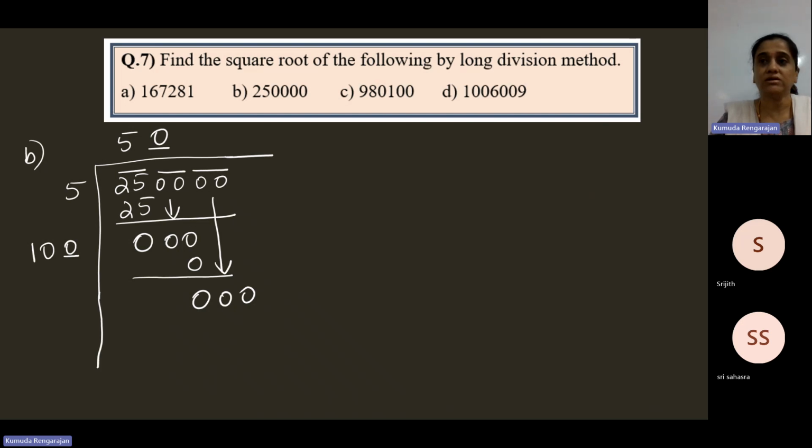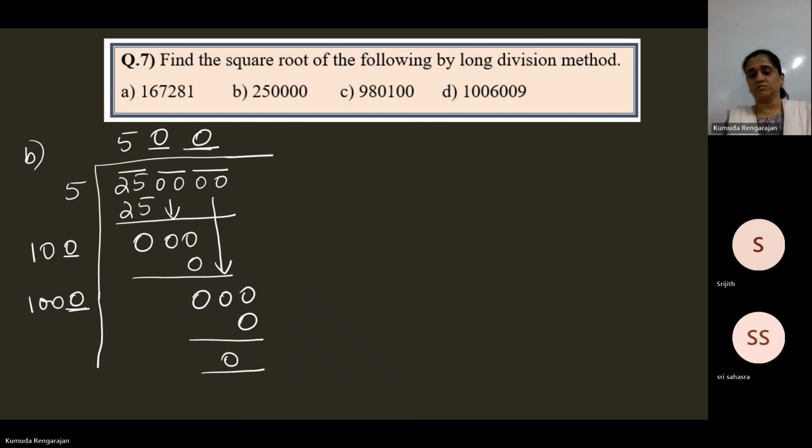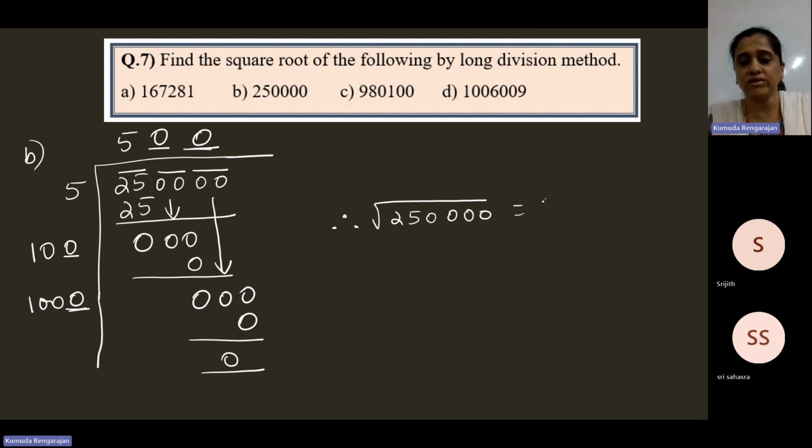Double the quotient, it is 100. Whatever digit you place here, place the same digit here. So it's 0 again. 1,000 into 0 is 0. And now the remainder is 0. So you see that the square root of 2,50,000 is 500.